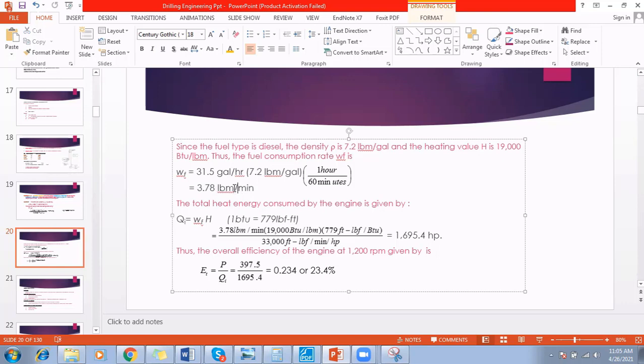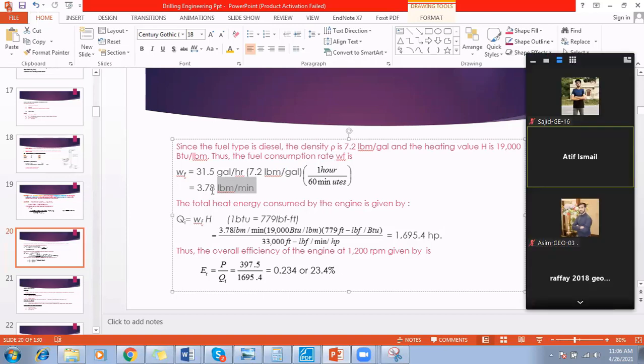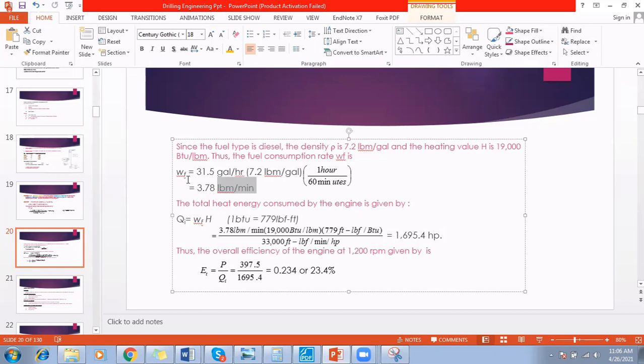This is showing that 3.78 pounds of fuel is consumed in every minute. So this is actually the WF. WF is showing how much fuel is consumed per minute. This is just showing the quantity of the fuel that is consumed in every minute. Okay, did you get it?